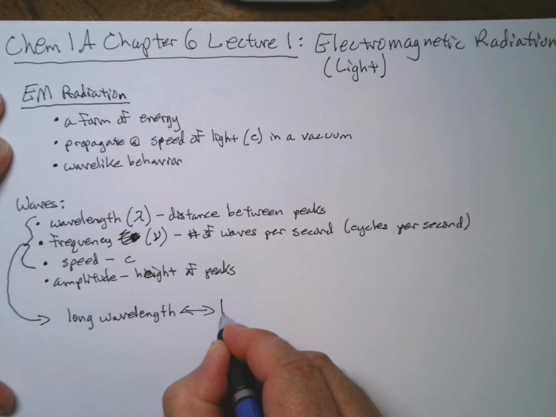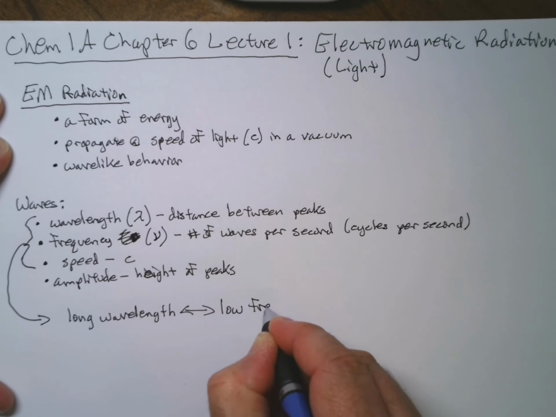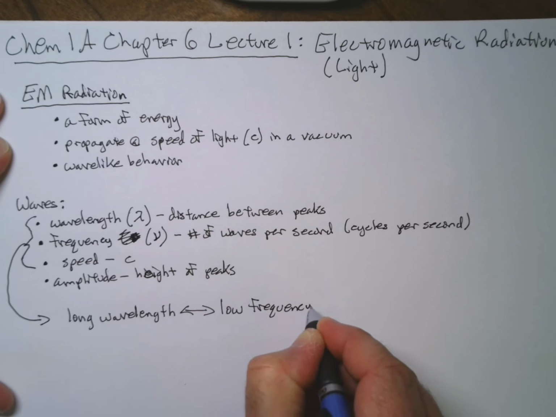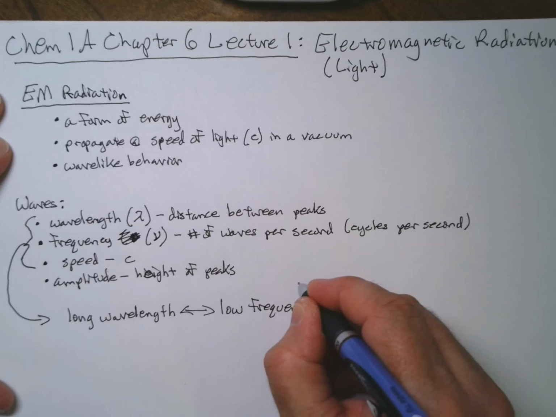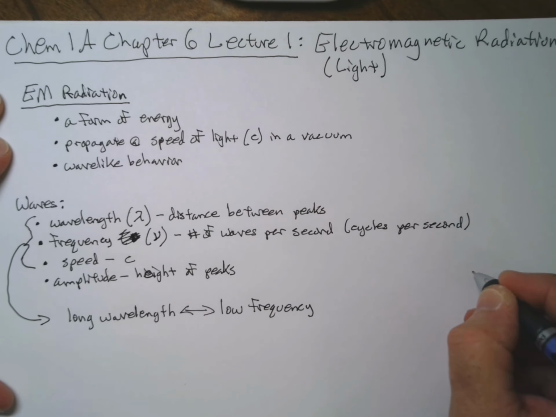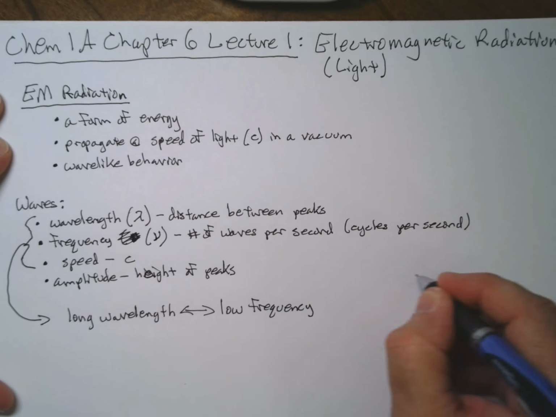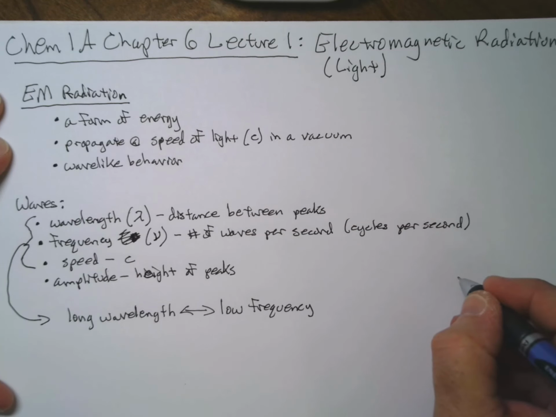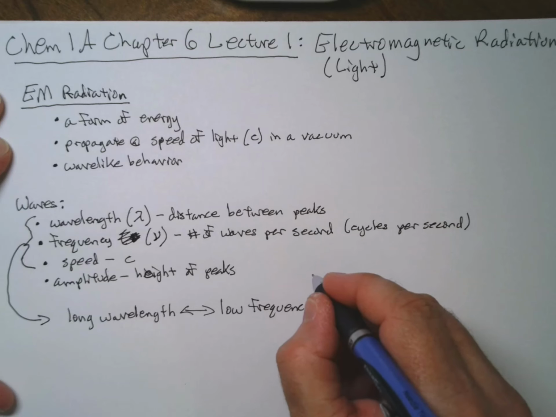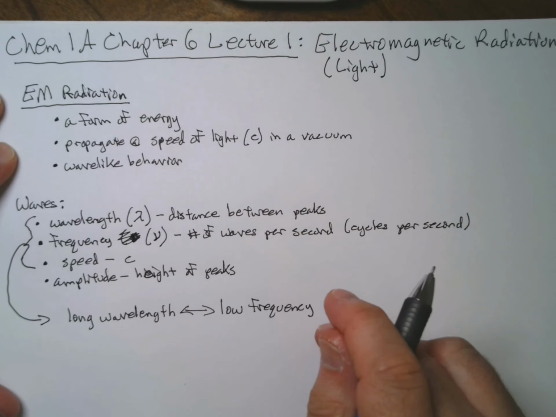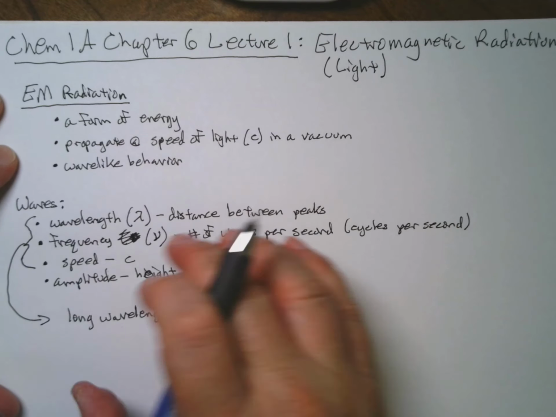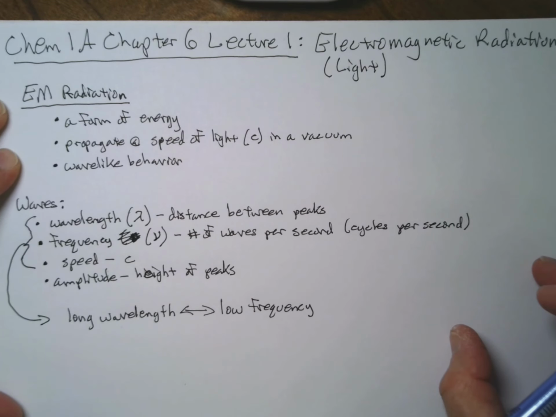goes with lower frequency. If you think about that, it makes sense, because if our light has a fixed, constant speed, that means for longer waves the peaks are farther in between, and they will pass more slowly by a certain point, even though the overall light wave propagates at a constant speed.